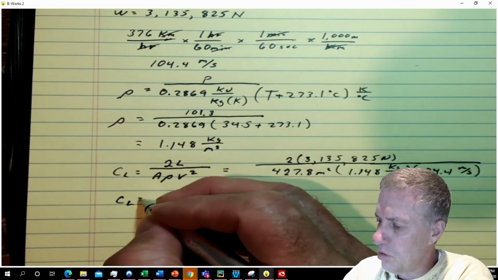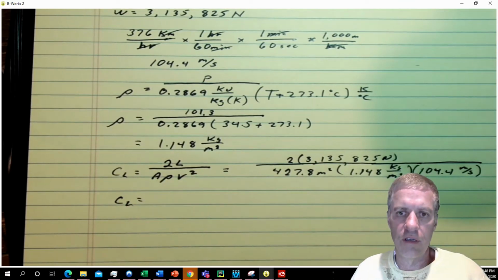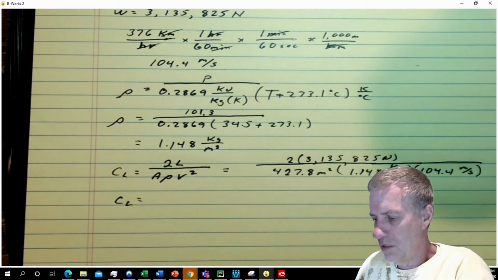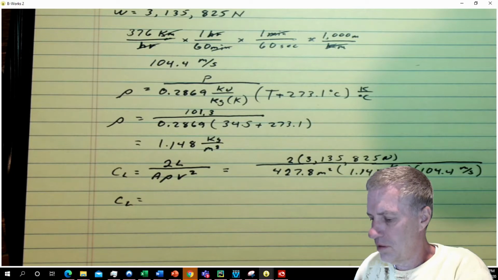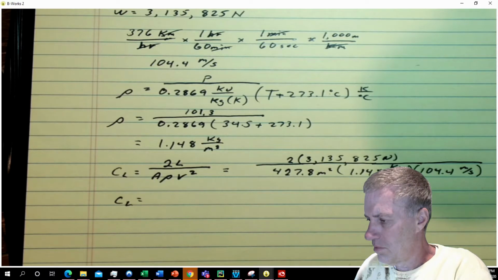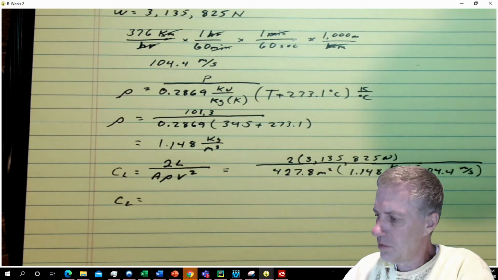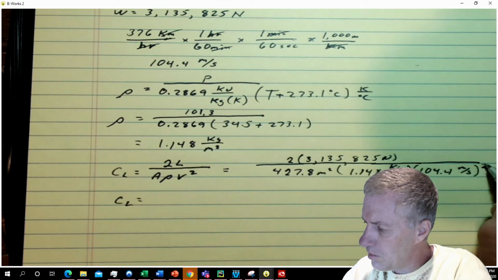All right, so our coefficient of lift at takeoff under the conditions they gave us is... Nope, I left my squared off there.